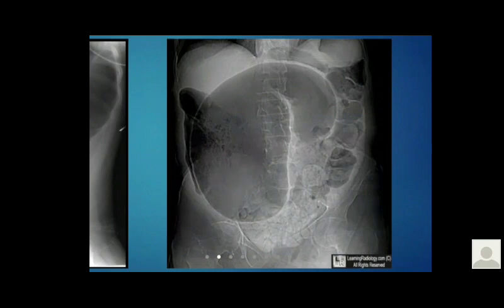Abdominal pain, distension, then constipation. The most important is sudden severe abdominal pain followed by abdominal distension with constipation.